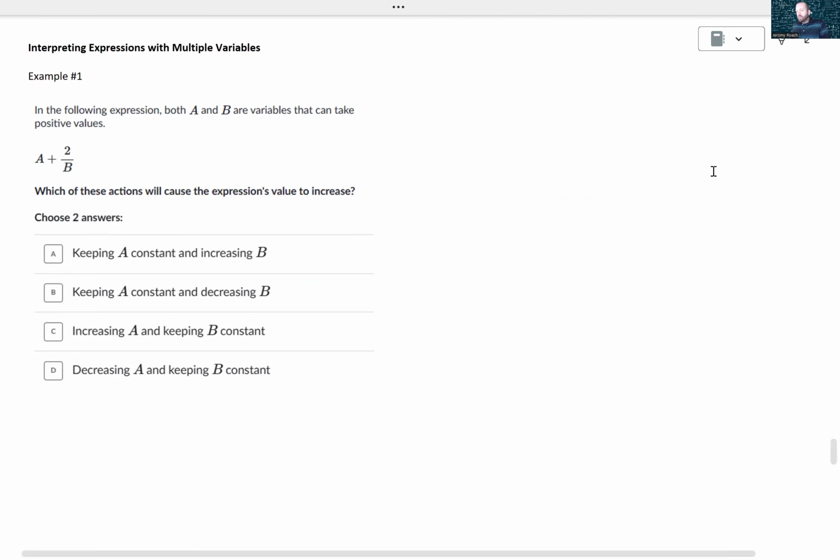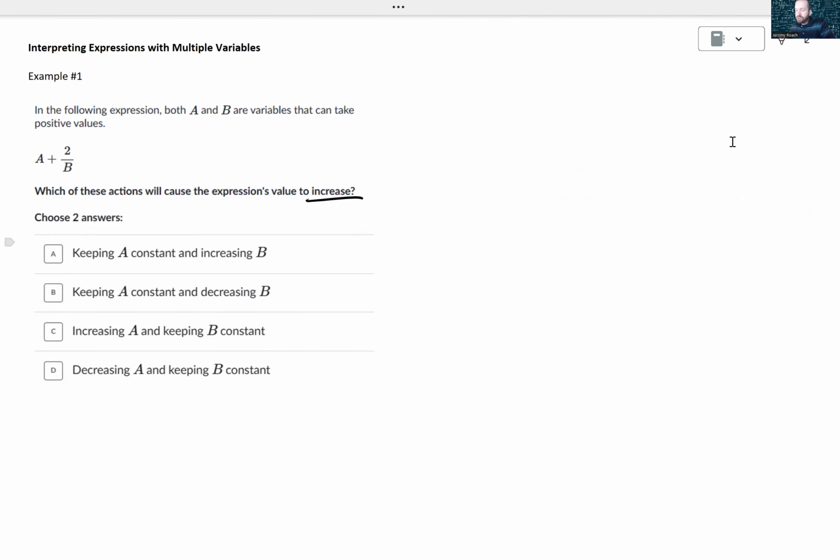So we have this expression a plus 2 over b. And it wants to know which of these actions will cause the expression's value to increase. So when we have these things happening, what's going to make this go up?